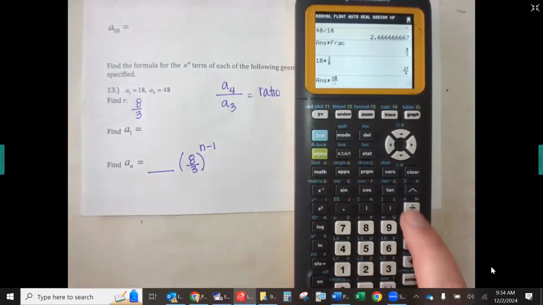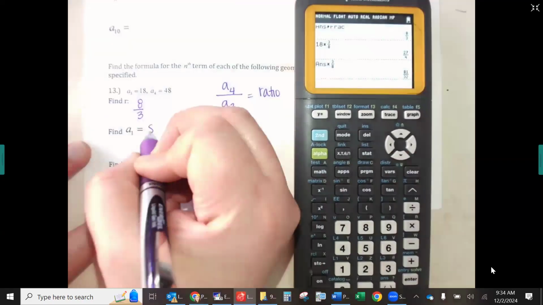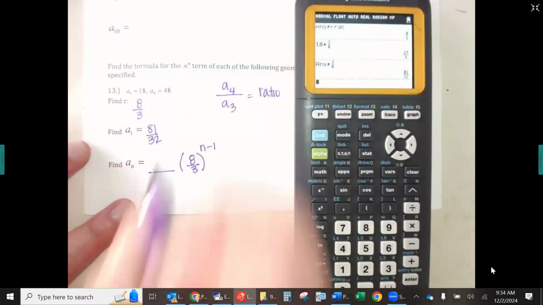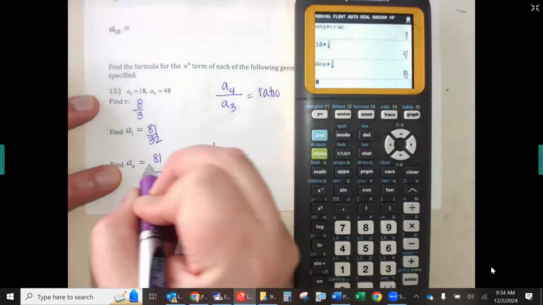So I'm gonna have to times it by 3/8 the second time. And that gives me 81/32. That must have been what my first term was. But to undo a fraction, you're gonna flip it and then just times it the number of times that you need to get back to that first term. So my a sub n is 81/32.